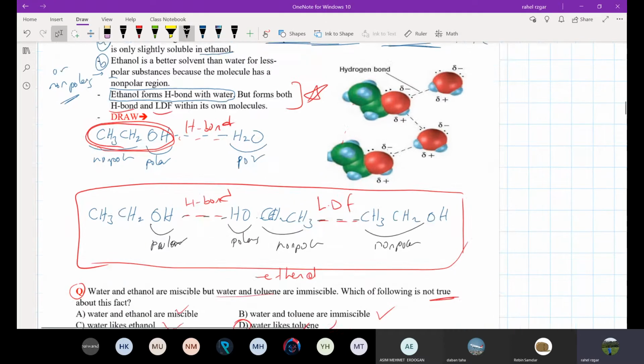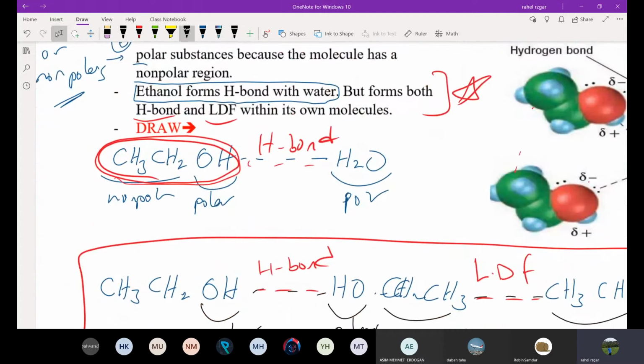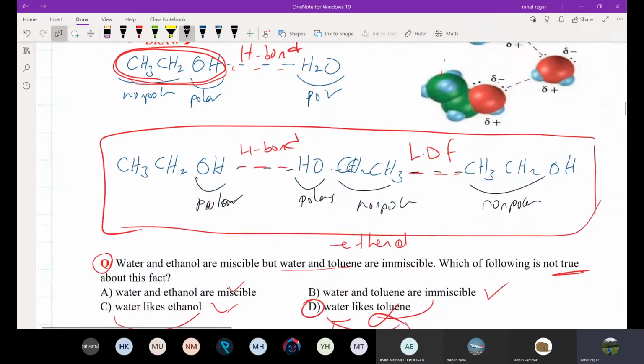If you look at what we drew here, H2O is only facing the polar side of the ethanol and forming hydrogen bond. It cannot face the nonpolar side. So ethanol and water get mixed, but through only one side.